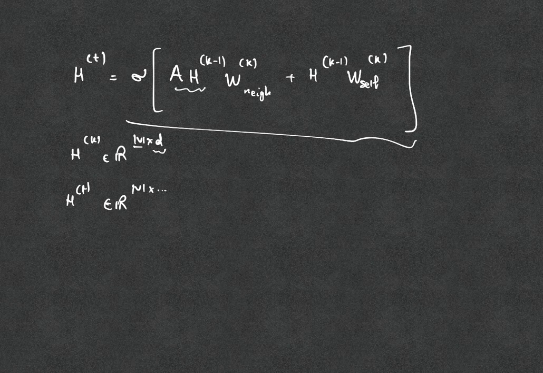And in here, we can see the role of the adjacency matrix is to bring together the node representations for the neighbors of a certain node u.